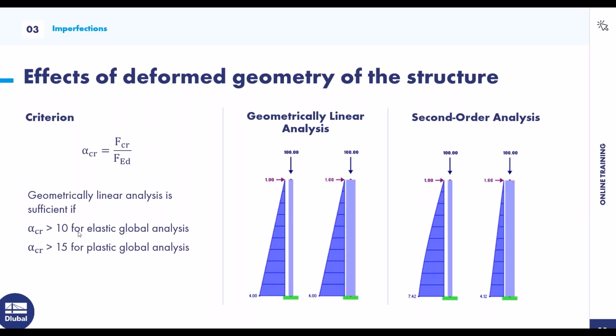In this case, alpha crit larger than 10, then it's sufficient to apply the geometrical linear analysis for an elastic design. And if you want to do a plastic design, the alpha crit must be larger than 15, then you can also design according to the geometrical linear analysis.